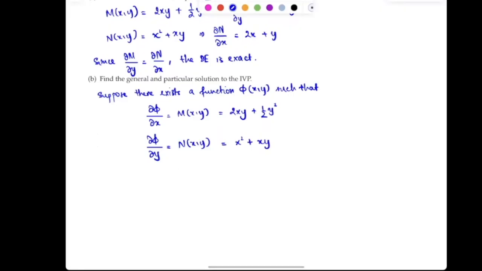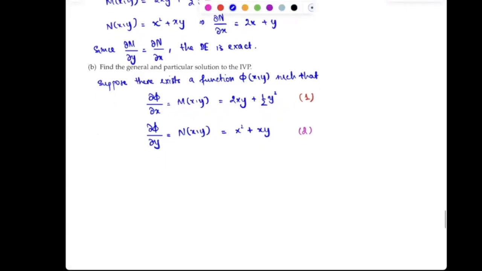Okay, very similar to last time, I'm going to name these equation 1 and equation 2. From equation 1, to find the representation of phi of x comma y, you integrate both sides of the equation with respect to x.